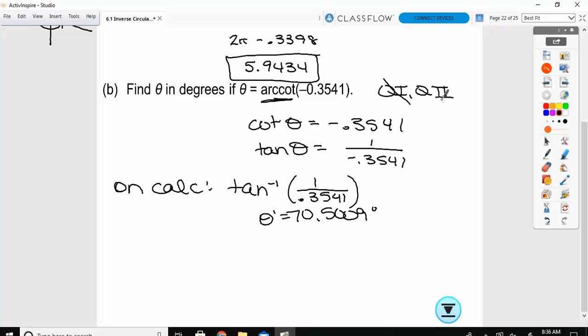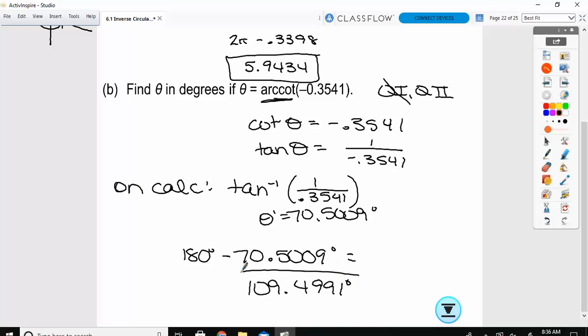How do I put that in quadrant 2? And you don't necessarily have to show this much work, but I'm trying to show you exactly where my answers are coming from. So we get 109.4991 degrees.